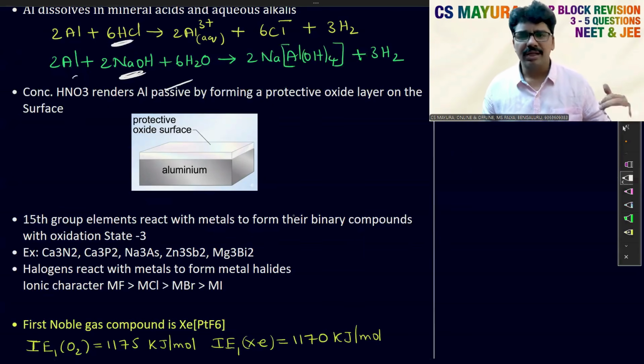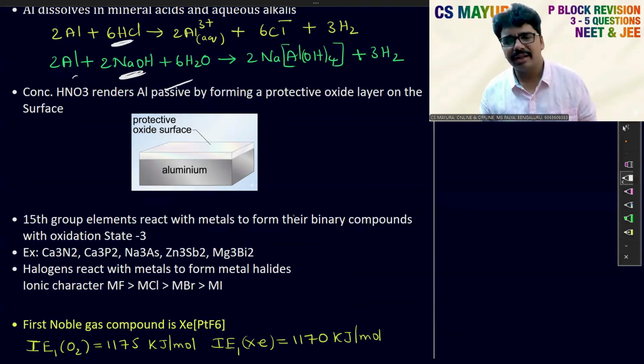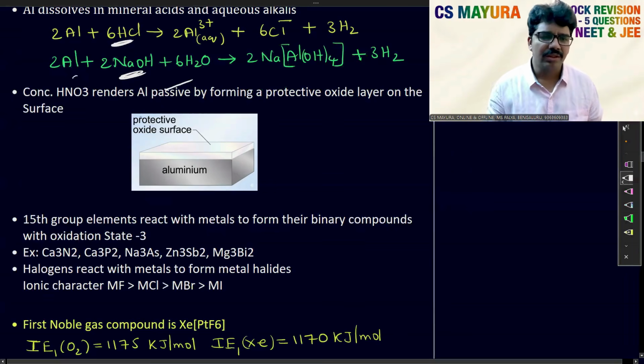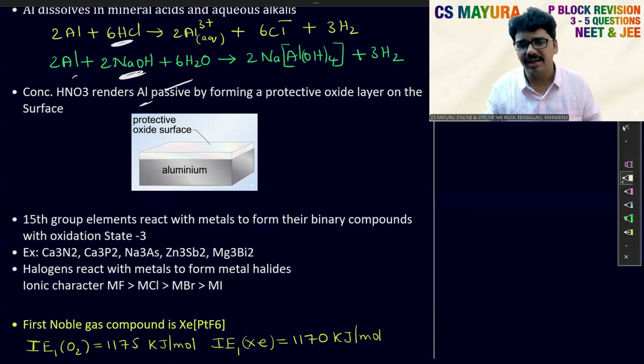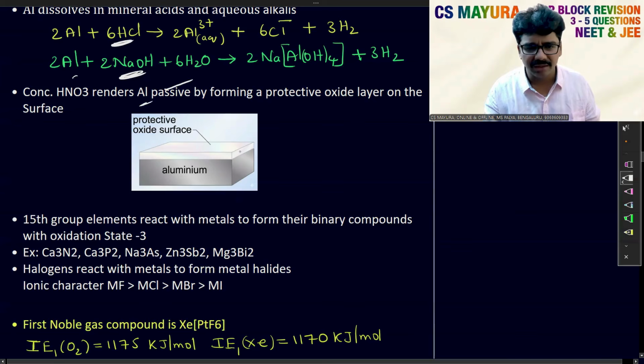That oxide layer does not allow further reaction. That is called passivity or passive oxide layer formation. Similarly, when aluminum is exposed to concentrated nitric acid, immediately it forms an oxide layer on its surface. Once that oxide layer is formed, it does not allow further reaction. You can see this is the protective oxide layer.